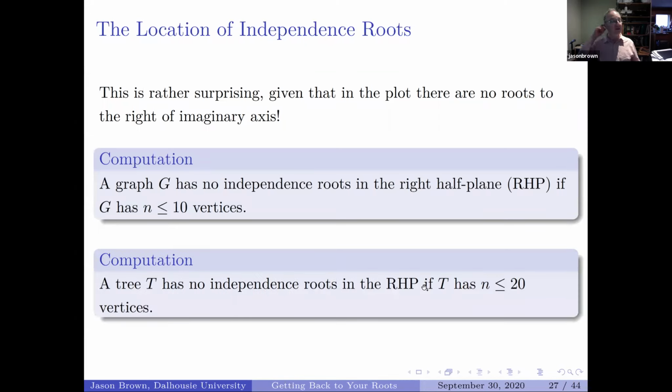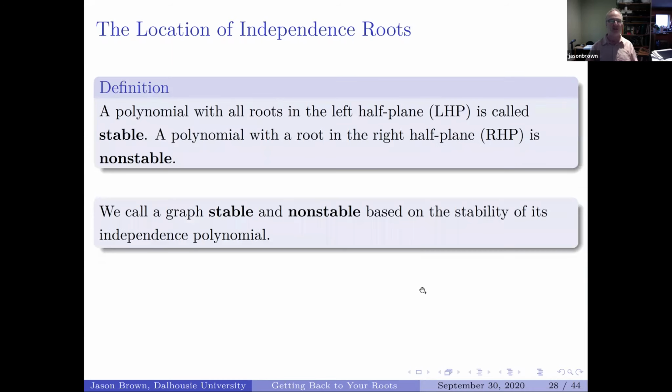And in fact, we could do another computation for all trees, up to 20 vertices, and find out there are no roots in the right half plane. So for quite far, you can't find any roots in the right half plane, but we know that the roots are dense everywhere, and in particular in the right half plane. So a polynomial with all its roots in the left half plane, which I'll abbreviate as LHP, is called stable.